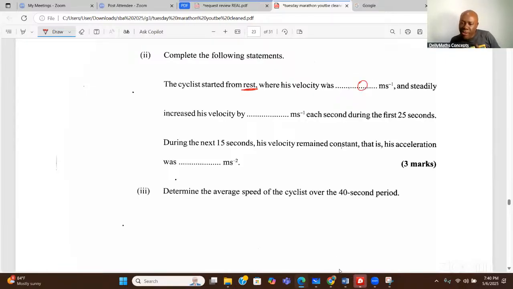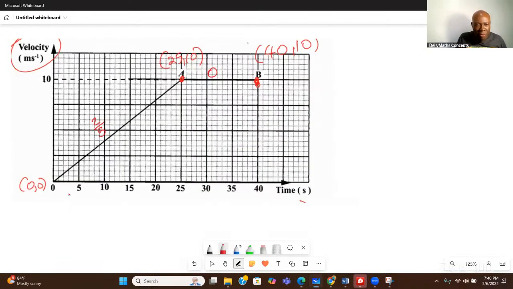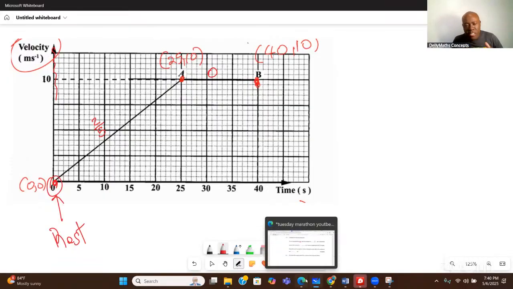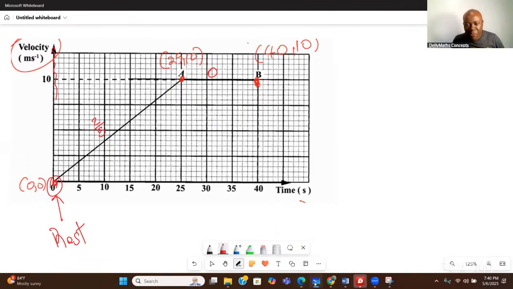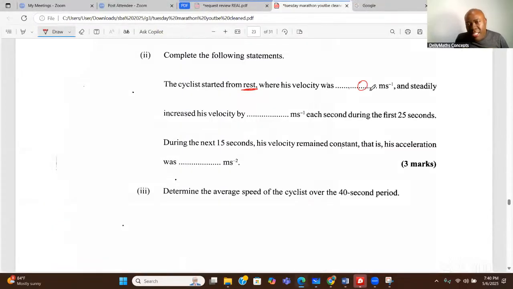I'm going to show you on the diagram where the velocity is. This is rest. In the beginning, the velocity was 0, even time was 0. So starting from rest, the velocity was 0 meters per second.